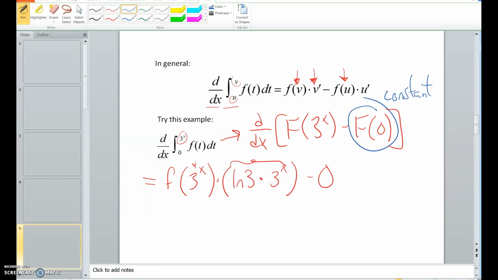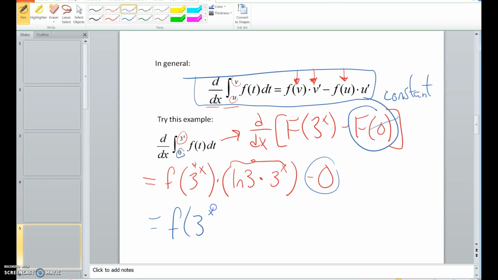So f of 0 is just a number. When we take the derivative, this term cancels out because the derivative of a constant is 0. So in a case where one of the bounds is a constant, that piece of this formula just goes to 0. So that's why this piece goes to 0, and for an answer you just get f of 3 to the x times natural log of 3 times 3 to the x.